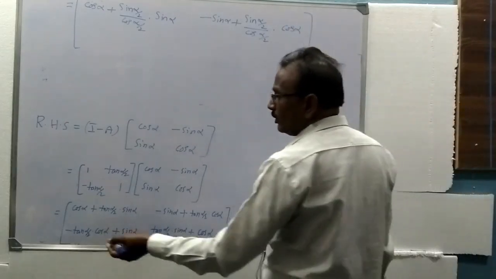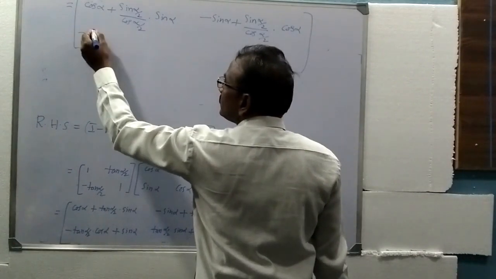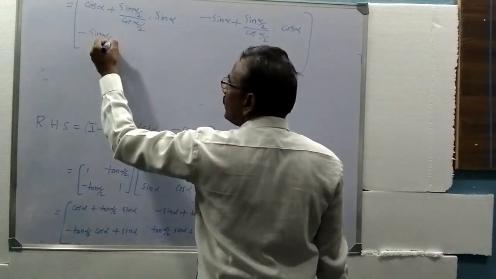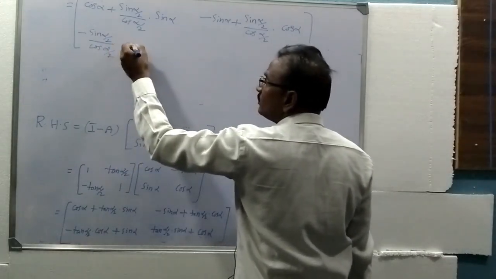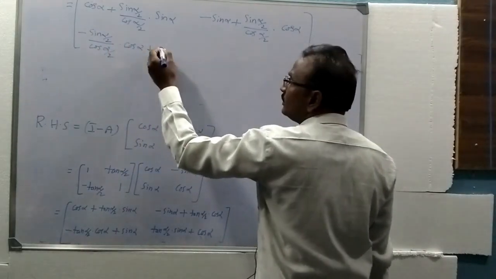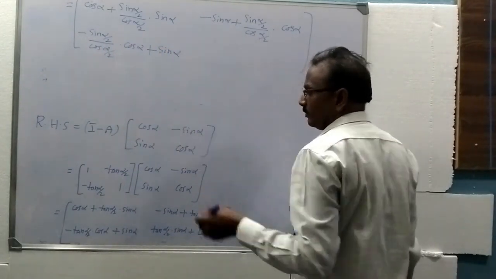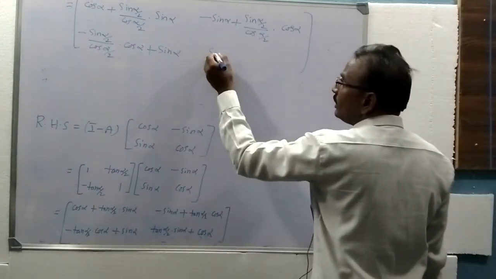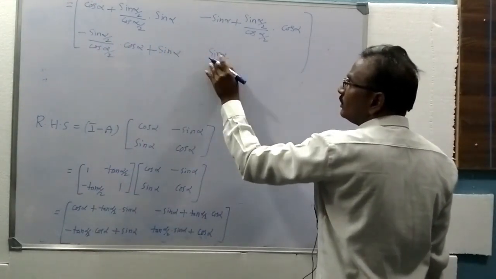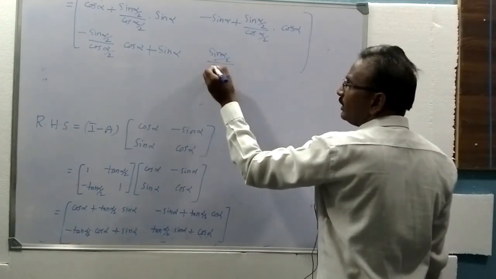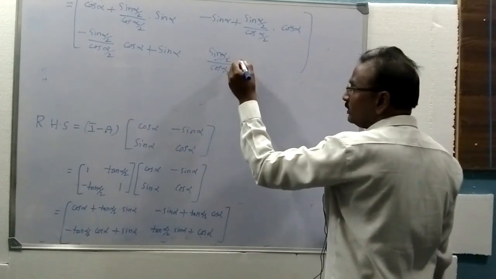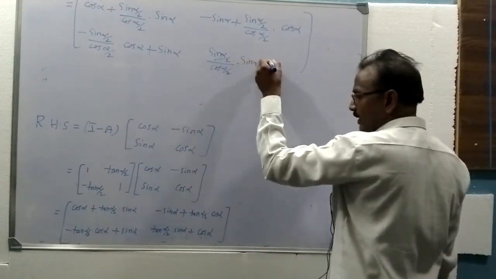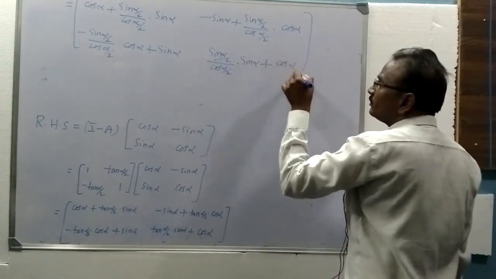Next, second row: minus sin alpha by 2 divided by cos alpha by 2 into cos alpha plus sin alpha. So tan alpha by 2, sin alpha by 2 divided by cos alpha by 2 into sin alpha plus cos alpha.